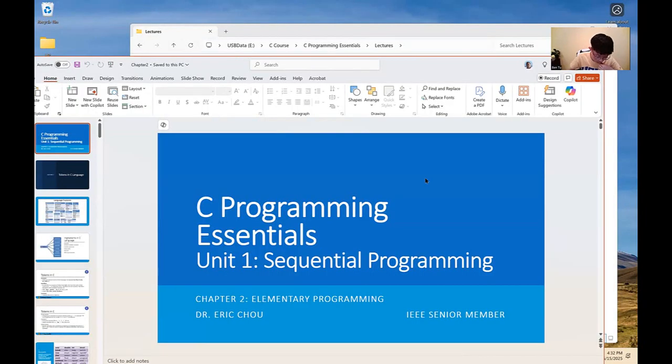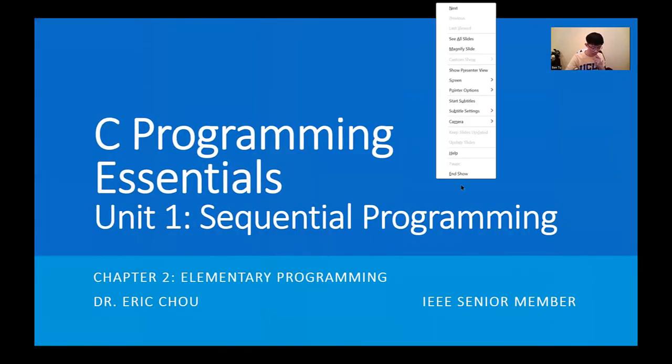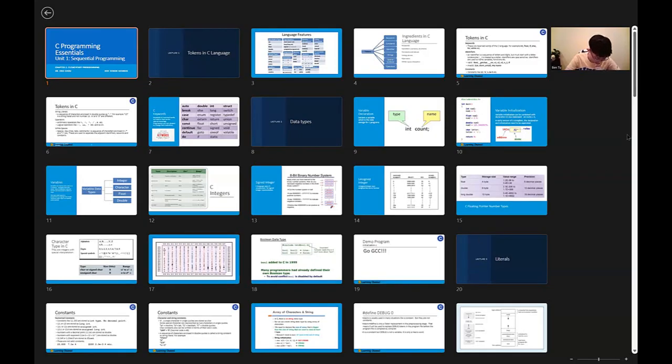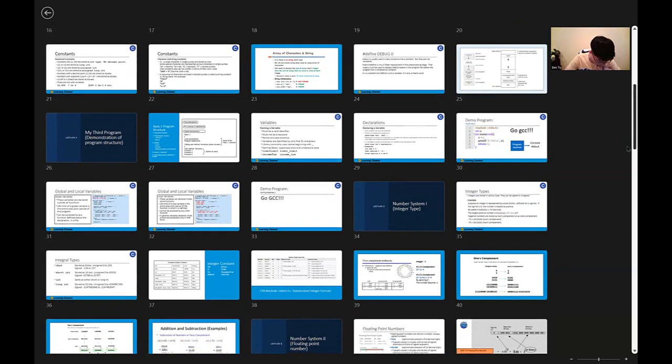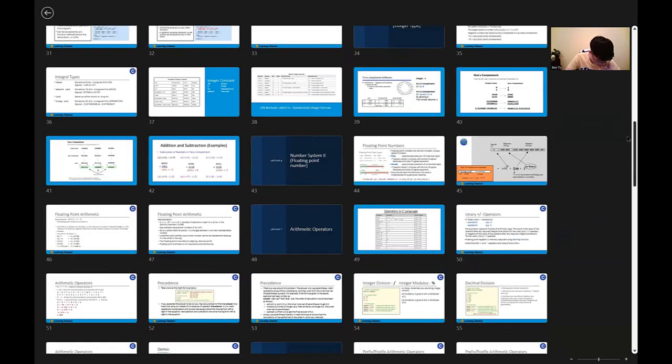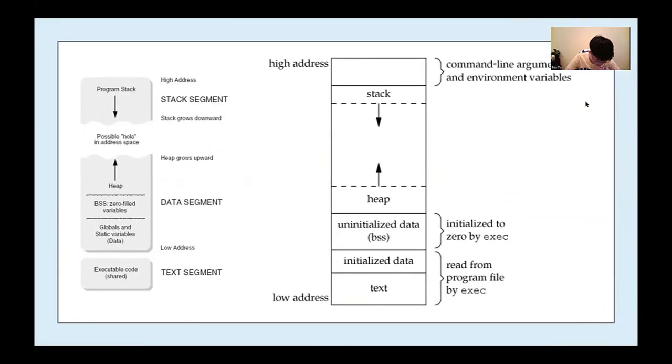Now let's go back to our course here on the C language. Last time we covered the basic data types up to the memory model. Let's go back to the memory model. Memory model means that before we do programming, you need to know how your memory is organized.